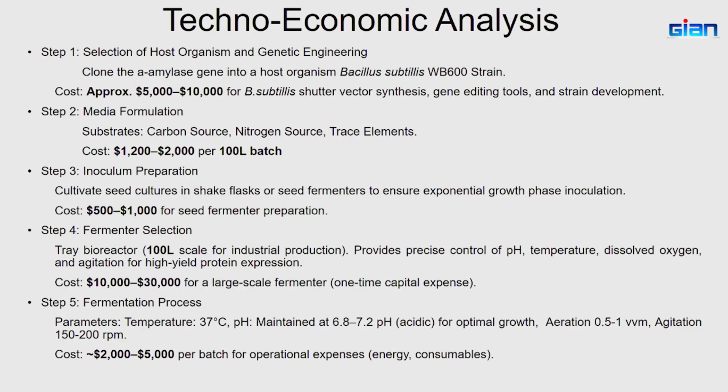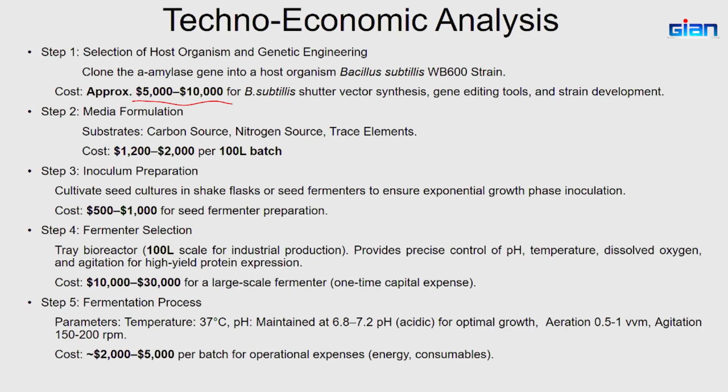And the cost economic analysis will be done by my friend. Good afternoon. So the first step will be the cloning of the amylase gene into the host organism, Bacillus subtilis WB600 strain. We found the approximate cost for the gene editing was $5,000 to $10,000.